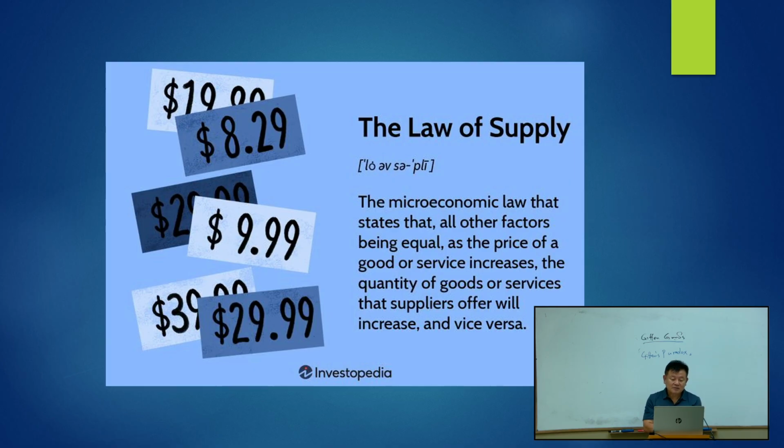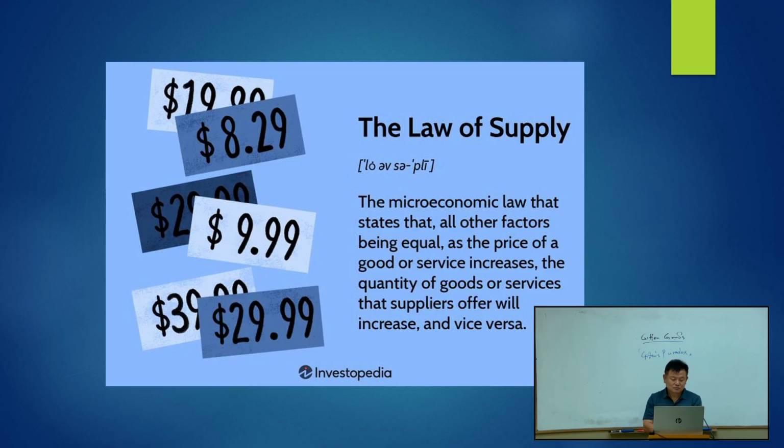The microeconomic law states that all other factors being equal, it means no change, fixed, as the price of goods or services increases, the quantity of goods and services that suppliers offer will increase, and vice versa. It means I earn more money because prices increase, so I would like to sell more.